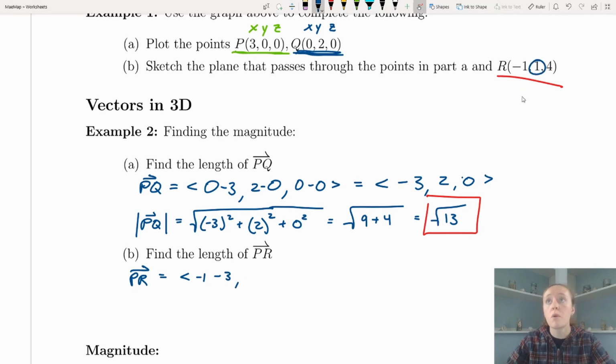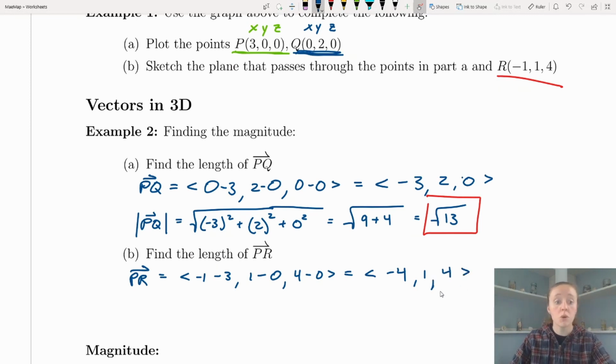And then we'll have 1 minus 0, and then a 4 minus 0. Head R minus tail P. So this is going to give us -1 minus 3 is a -4, 1 minus 0 is 1, and 4 minus 0 is 4. So -4, 1, 4 is our vector PR.